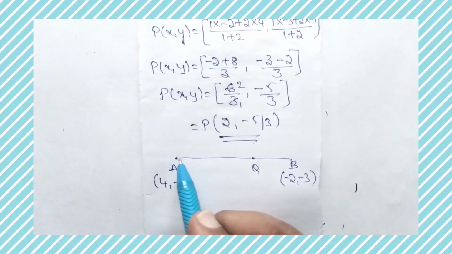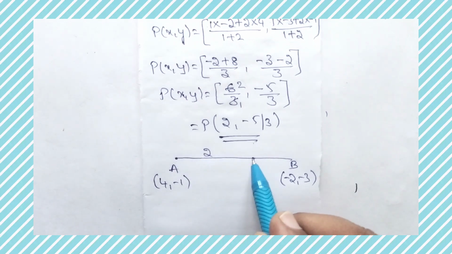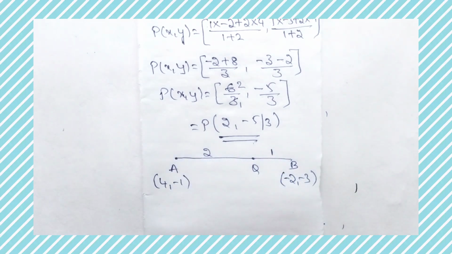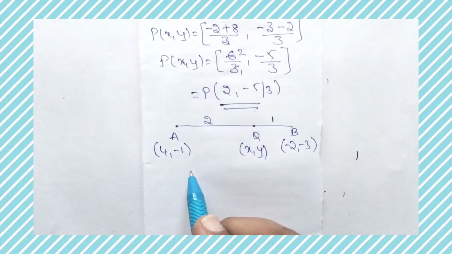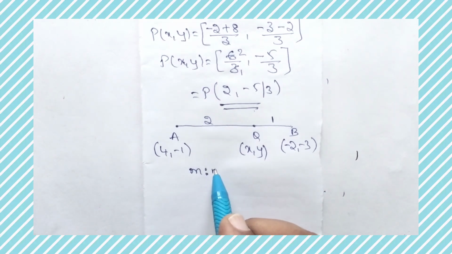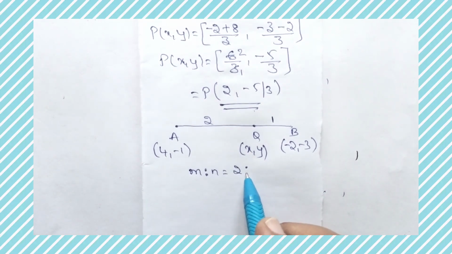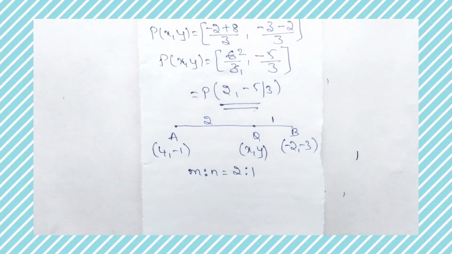Then from A to Q it is 2, then from Q to B it is 1. So what are the coordinates of Q? x comma y. Now what is the ratio? The ratio m is to n changes from 1 is to 2 to 2 is to 1. So here the ratio is 2 is to 1.